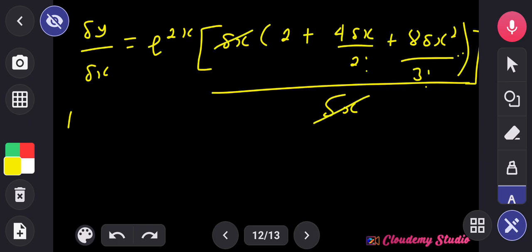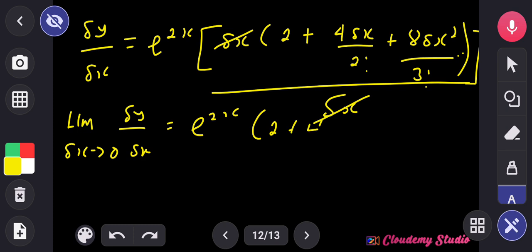The next thing is to take the limit of delta x equals 0 of delta y upon delta x, which is exponential 2x into bracket 2 plus 2 delta x plus 8 delta x squared. You understand? So whenever we see delta x, we put 0. This one becomes dy dx.